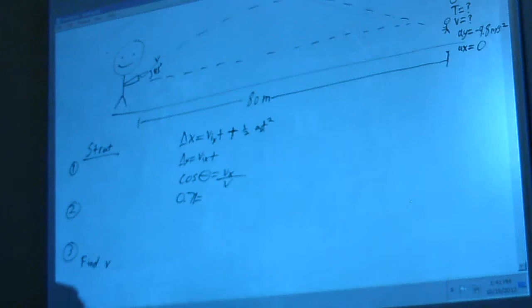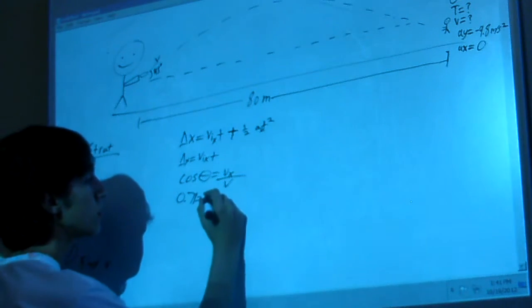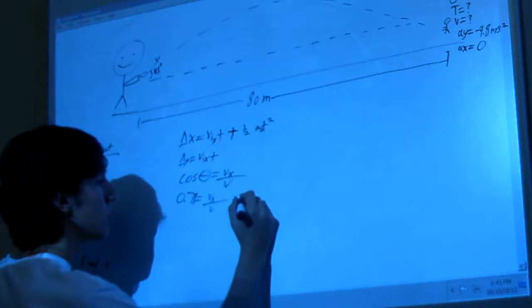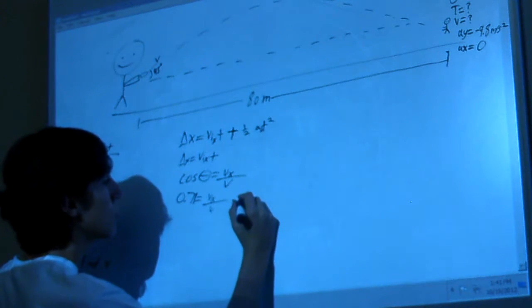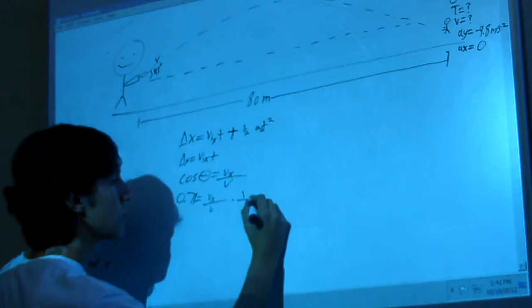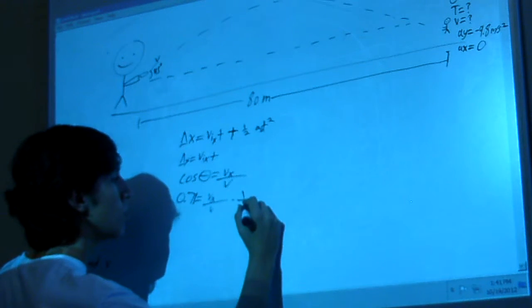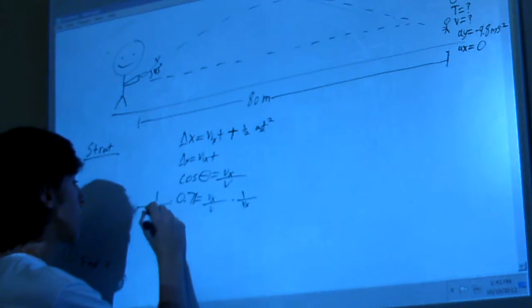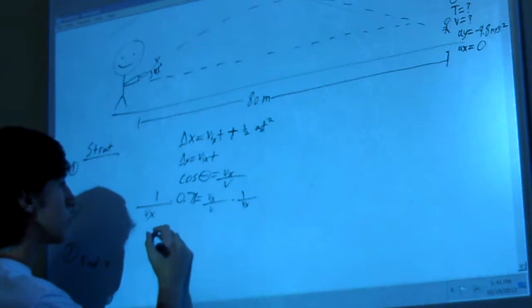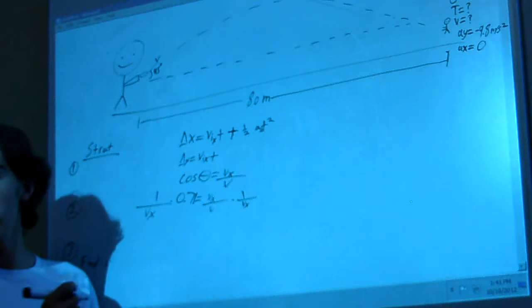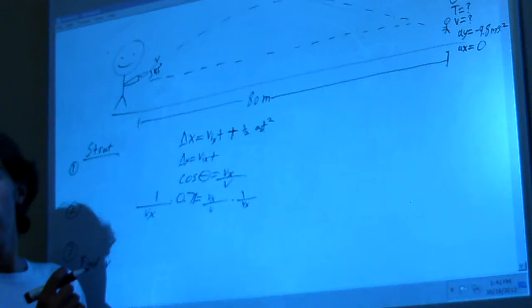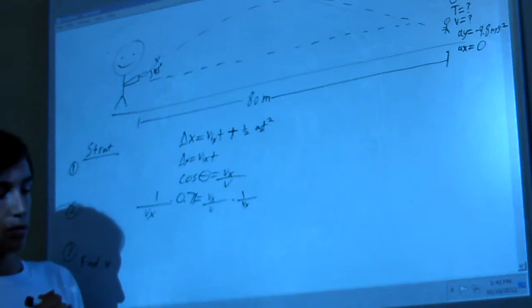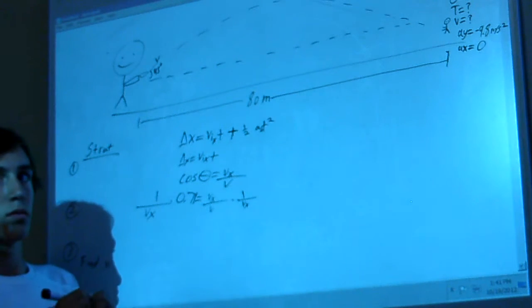So Vx is 0.71 times V, right? Then we solve for time, in terms of V eventually.